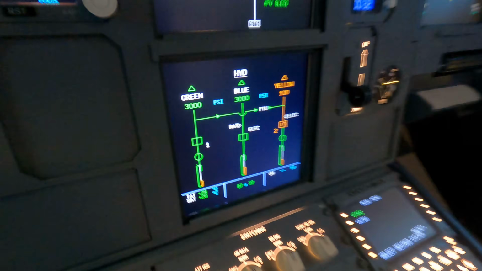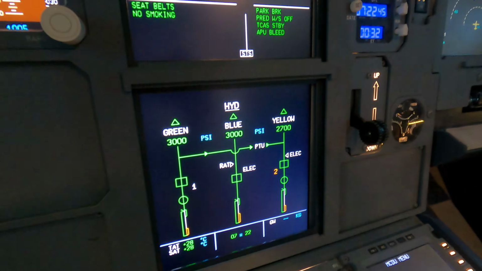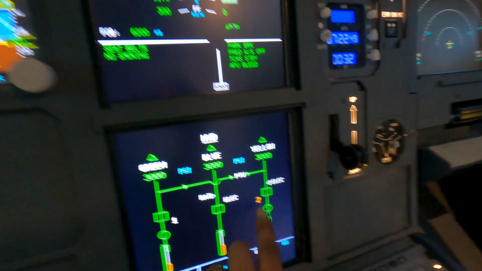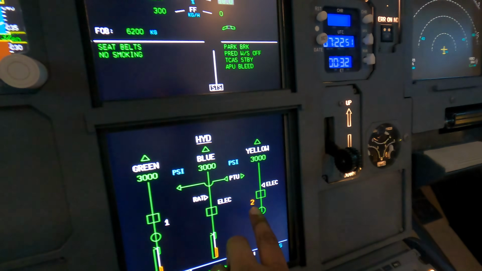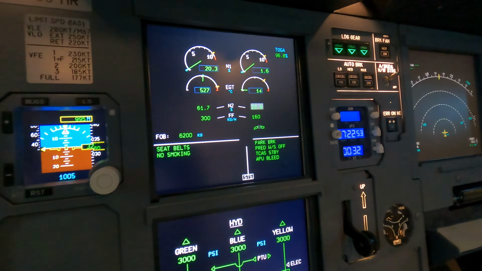Okay, so now the yellow system is pressurizing via the PTU, but we're still showing amber here. All right, it's still showing amber because the engine hasn't started yet.